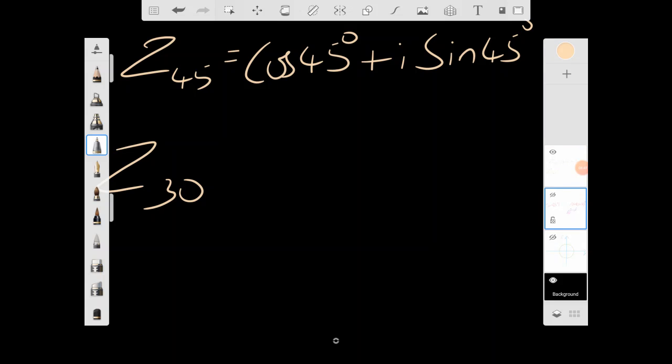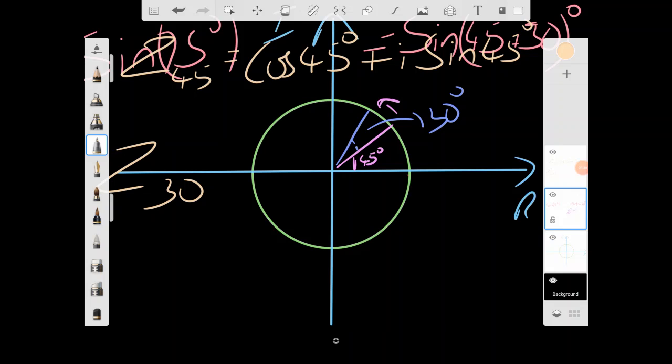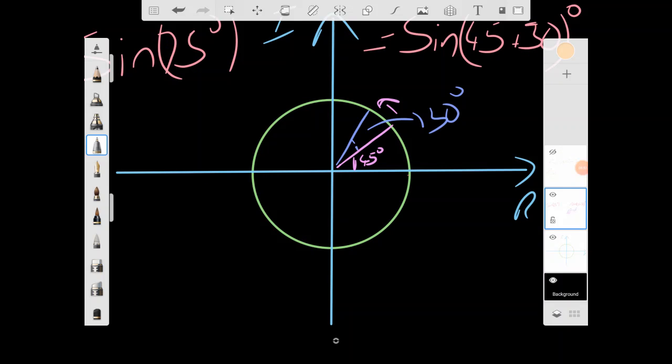Now what about 30 degree? See, to rotate this vector by 30 degree anti-clockwise, I should multiply it with this vector, right? If I multiply it with this vector, this thing will get rotated. The final answer will be here.